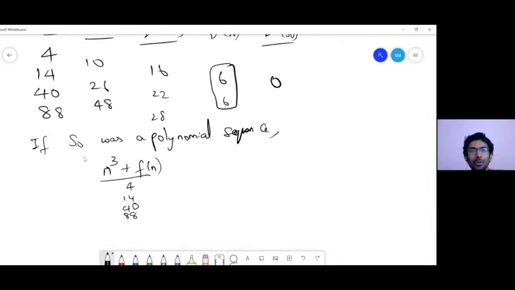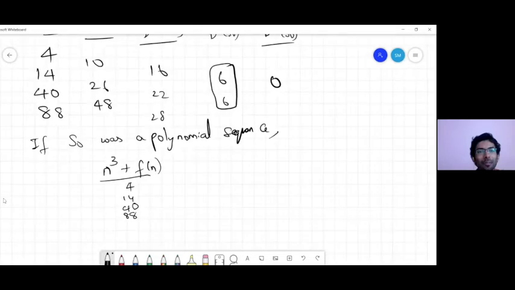Oh, wait, no, that is 2n squared. Not in the f of n, I'm saying in the polynomial for d1 of n.